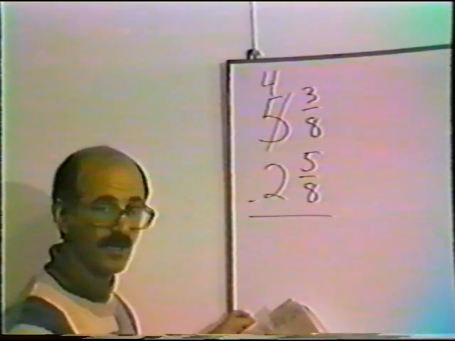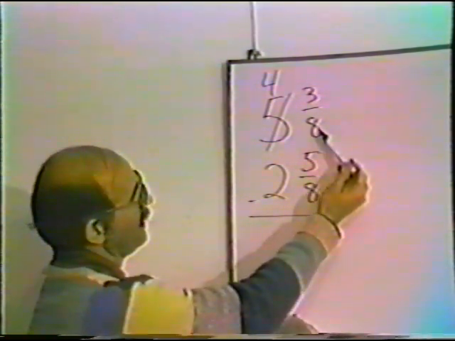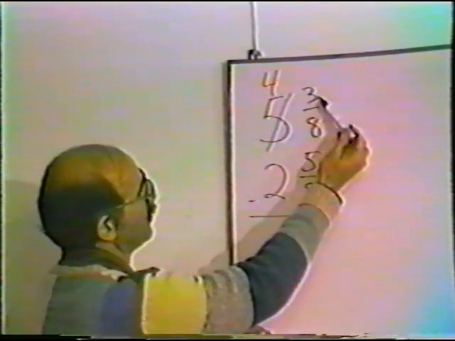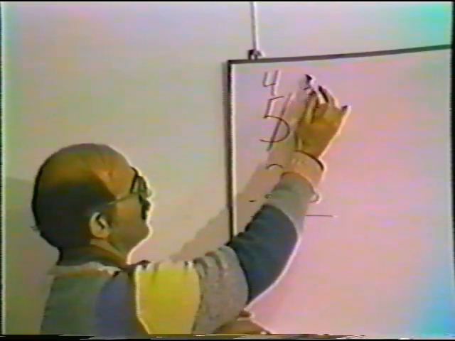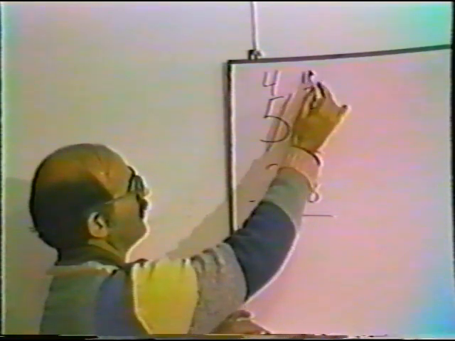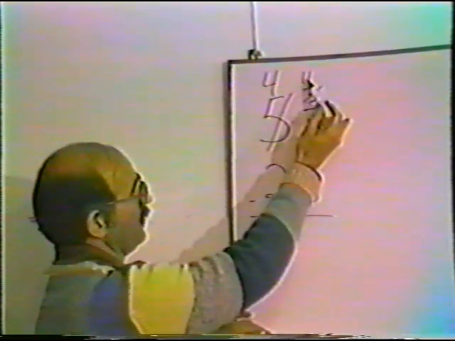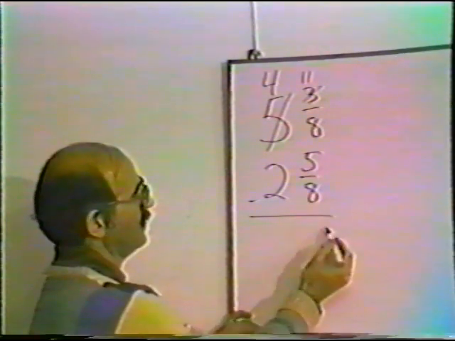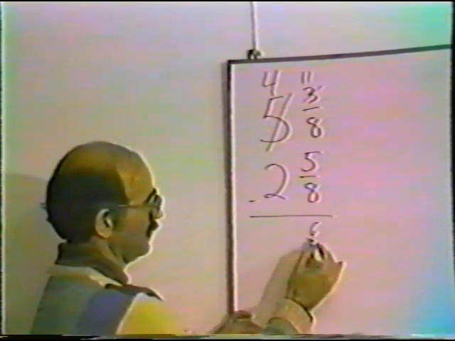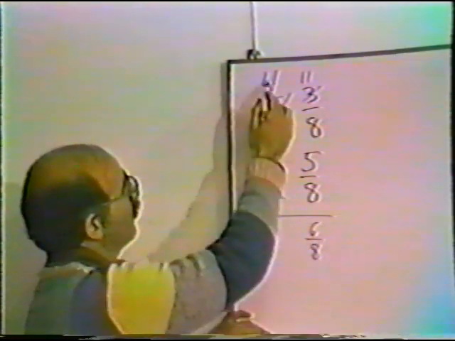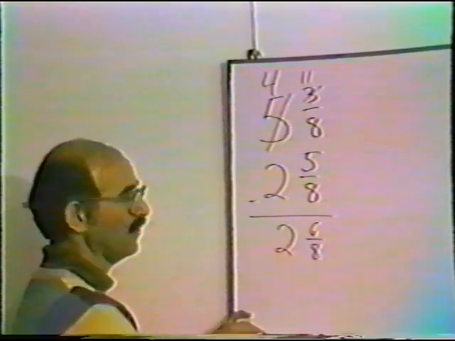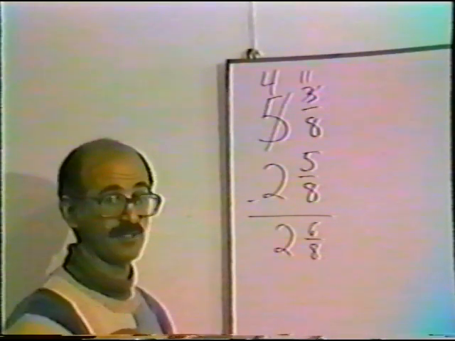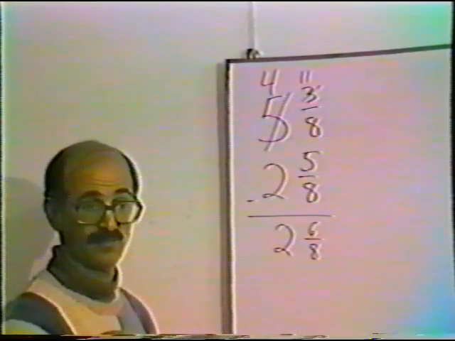For the pie we cut up, we got 8/8 plus the 3 we already had. 8 plus 3 is 11. 11 take away 5 is 6/8. 4 take away 2 is 2 and 6/8. Is it finished?